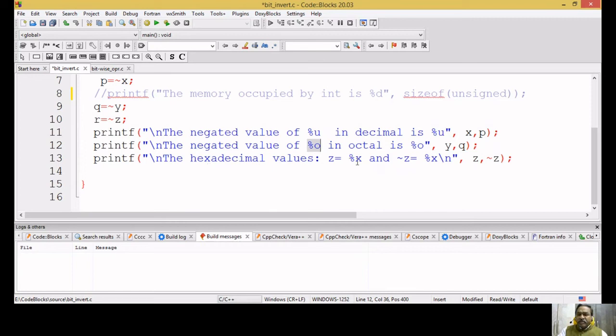Lastly, for hexadecimal values, x is used, capital X or small x, doesn't matter. So not of z, or complement of z, is %x followed by newline, and see the arguments are given. Here the first %x will be replaced by this z, and the next %x will be replaced by this negated z, the complement of z. We'll discuss this printf statement in the subsequent topic after this topic is over.